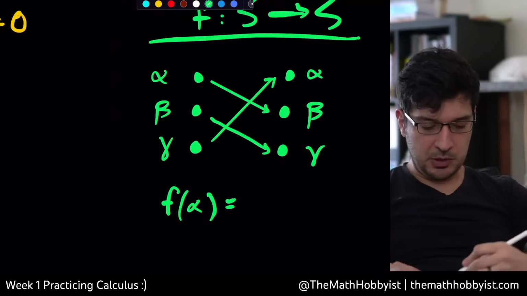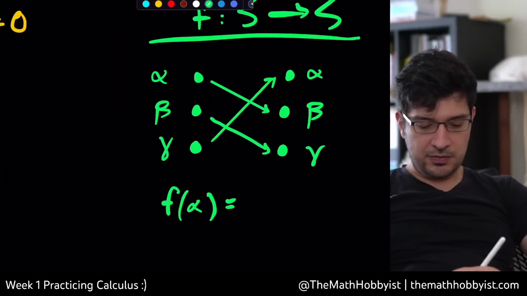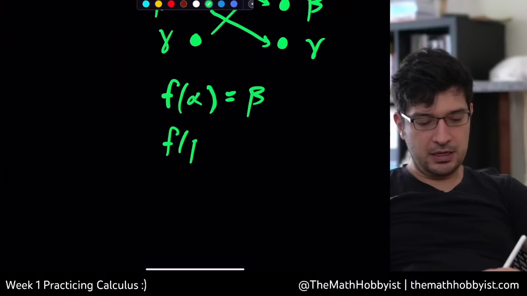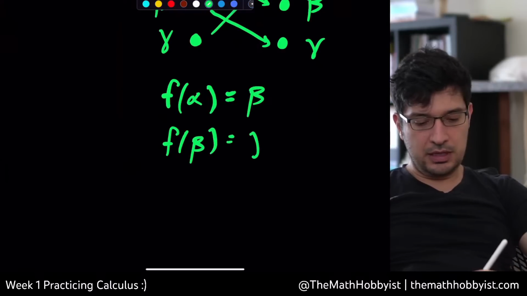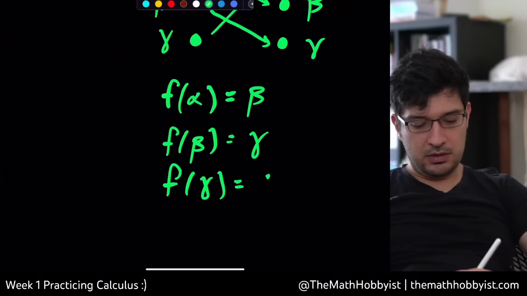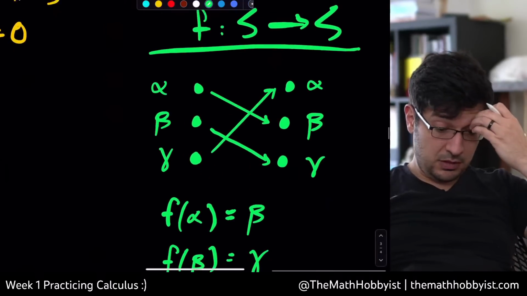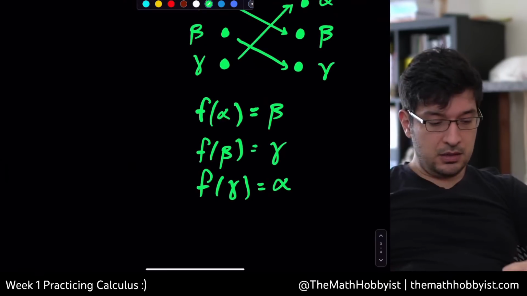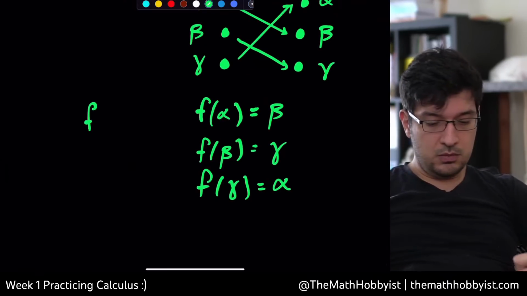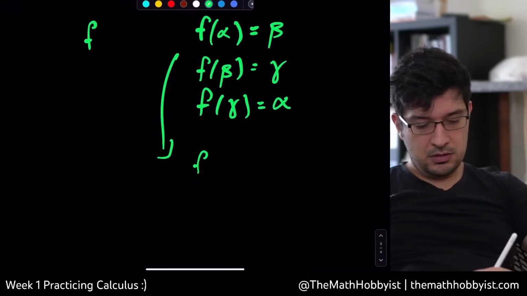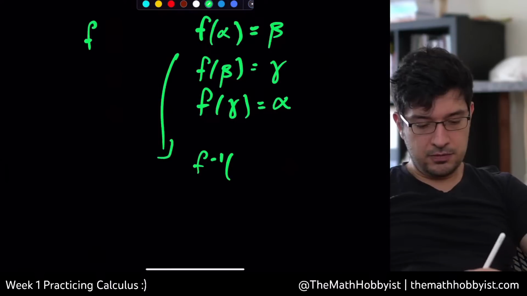That's understandable. So here I created this function. F of alpha is beta. F of beta is gamma. And F of gamma is alpha. Okay? Well, then, if we have that, then what is the preimage of alpha?